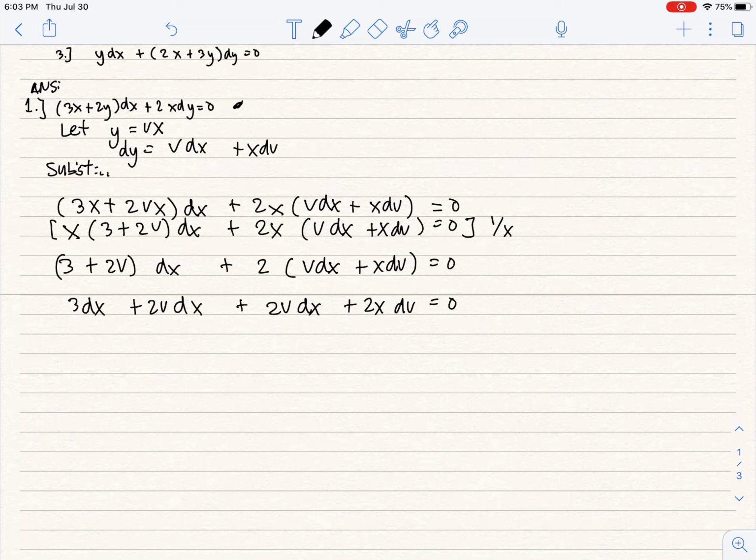Okay? So the reason that we distributed dx and 2 is because we are going to simplify the whole equation further. So pag after distributing dx and 2, we can find like terms. So for example, 2v dx can be added to 2v dx, diba?